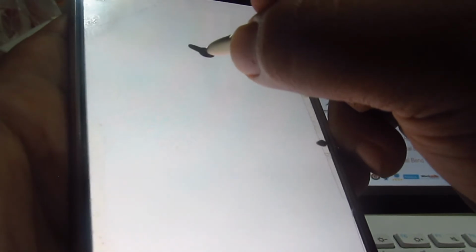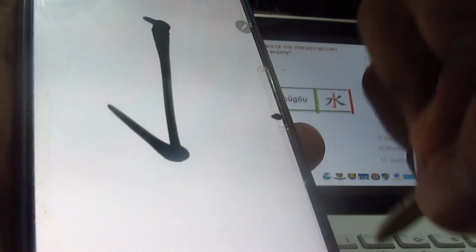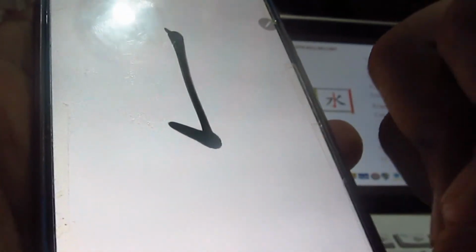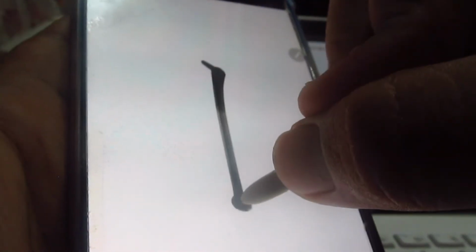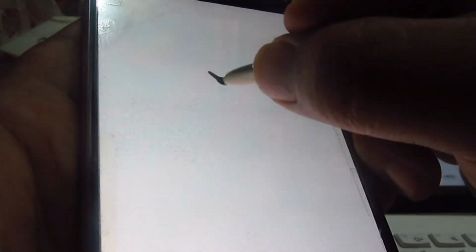So it's like again writing the top, the vertical stroke, you go down, but then you go up, like this one. Okay, let's do it again. Shugou, shugou.